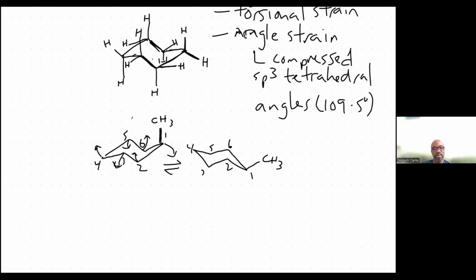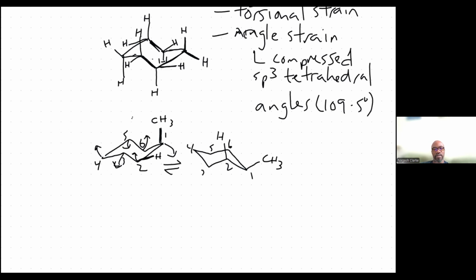Whatever is equatorial is now going to be axial. And vice versa. So when this ring flips back, it's gonna go back to being axial is metal, and the H is gonna go back to being equatorial.